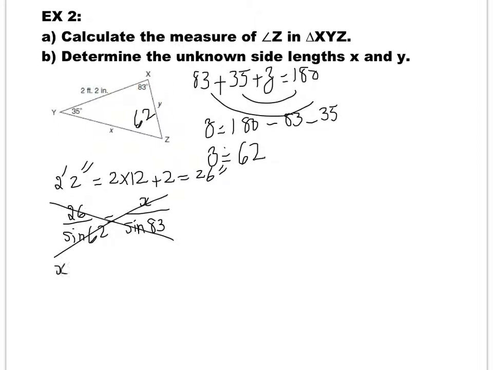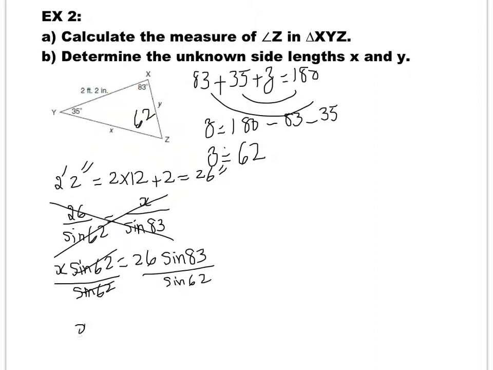I'm going to find x sine 62 is equal to 26 sine 83 divided by sine 62, and x is going to be approximately 29.23 inches.